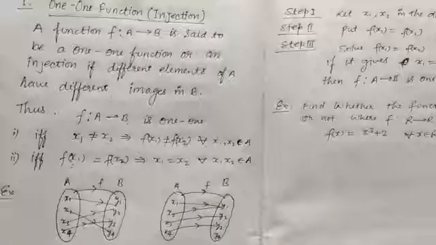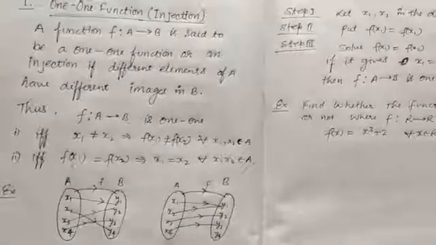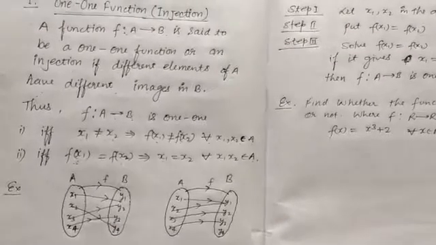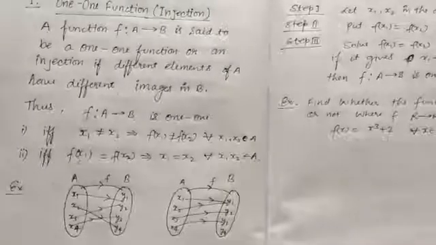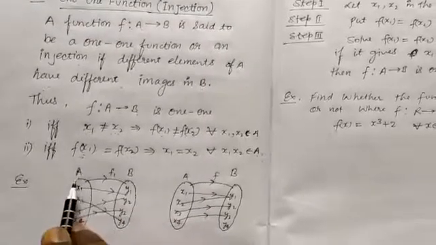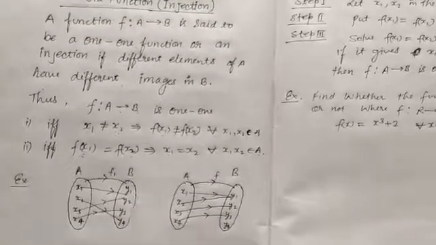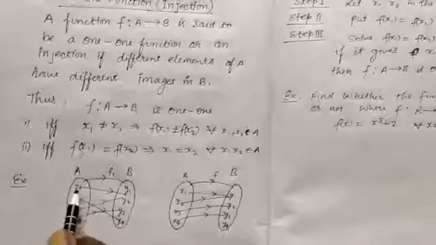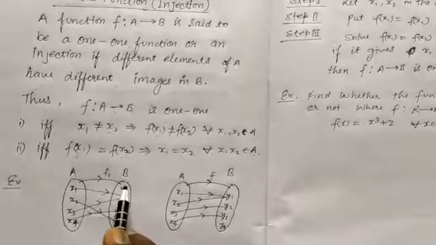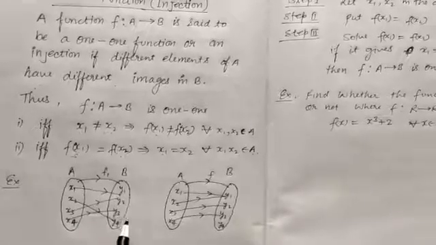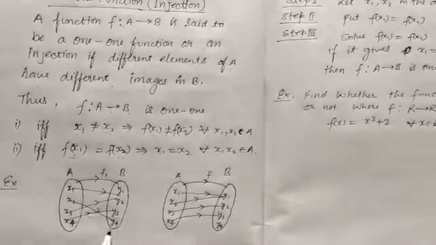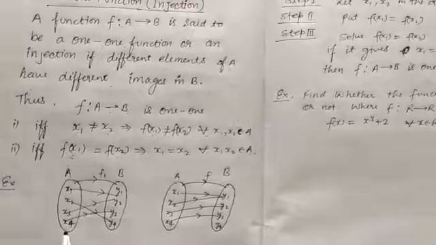You can understand by this graphical method how to distinguish whether a function is one-one or not. Suppose you are given a function f1 from set A to set B. In set A the elements are x1, x2, x3, x4, and in set B, y1, y2, y3, y4. x1 is associated with y1, x2 with y4, x3 with y2, x4 with y3.